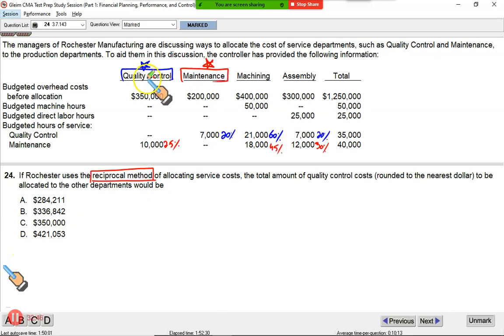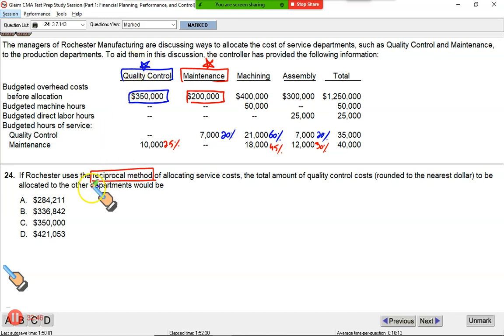Okay, I have given quality control blue color, and I have given maintenance red color, and these are the percentages and these are the amounts. Let me give these amounts in red and in blue, so we have a clearer understanding.